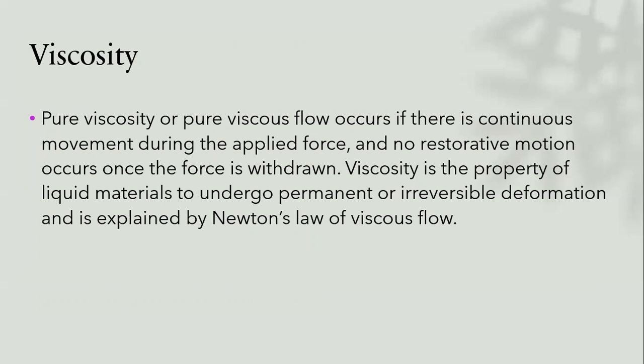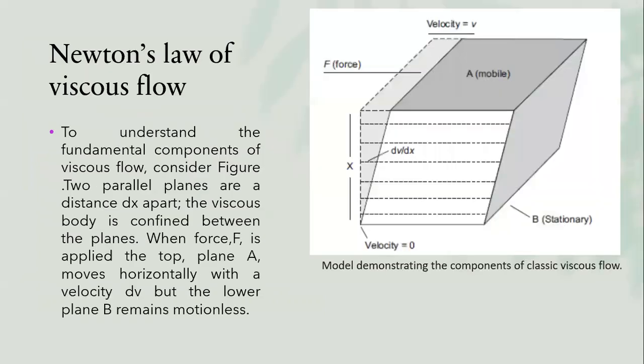Viscosity is the property of liquid material to undergo permanent or irreversible deformation, and is explained by Newton's law of viscous flow. To understand the fundamental concept of viscous flow, consider this figure. Two parallel planes are at a distance apart, which is dx.